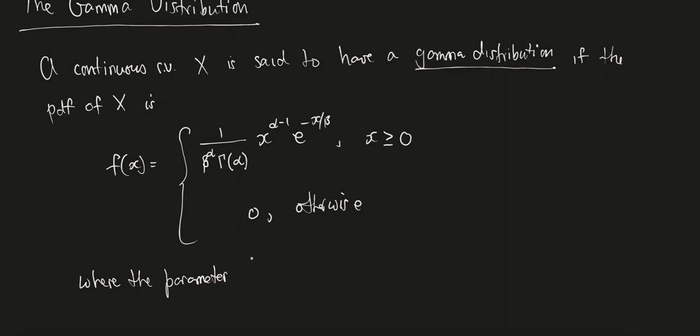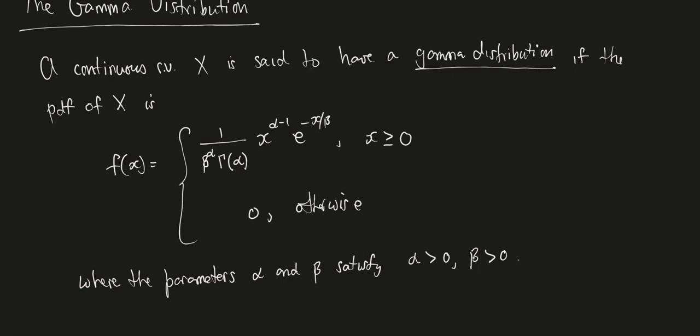The parameters alpha and beta satisfy this property. They both have to be positive numbers, right? So alpha and beta have to be greater than 0.